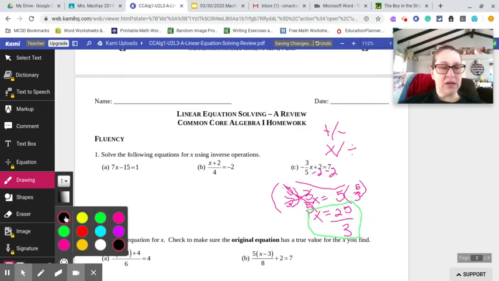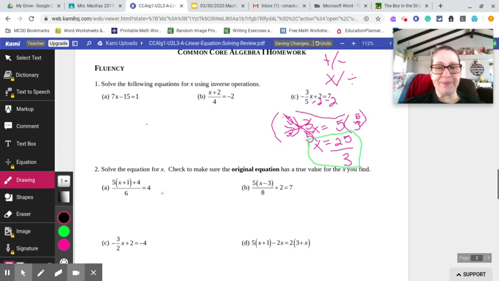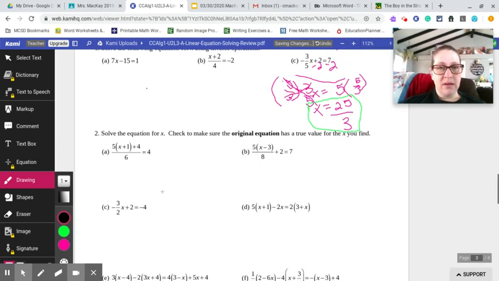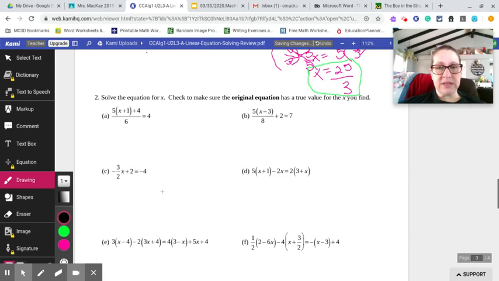Okay, let's look at question number 2. Let's do letter A. I know that when I have a number on the outside, it's going to multiply everything on the inside. 5 times x is 5x. 5 times 1 is 5.